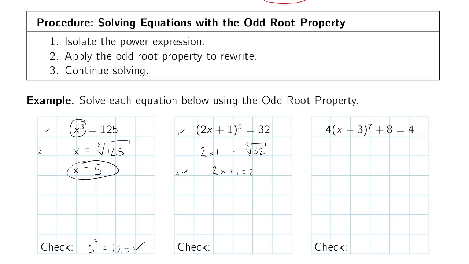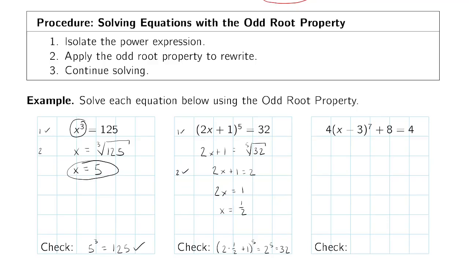We'll subtract 1 from both sides and divide both sides by 2, and we get x equals a half. To check that that really worked, again, we'll plug in. So 2 times a half plus 1 to the fifth power, well, that's 2 to the fifth power, which is 32.